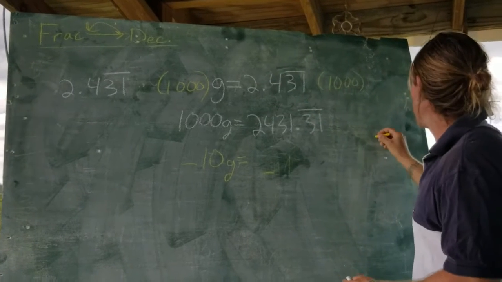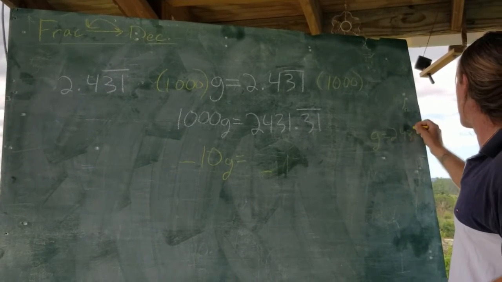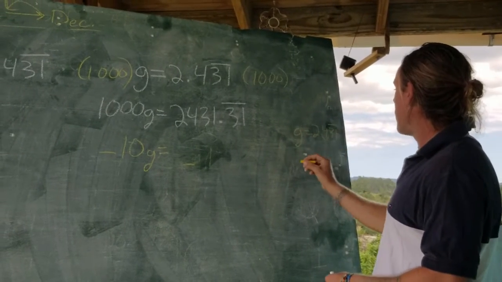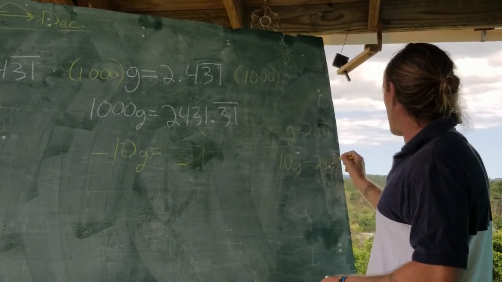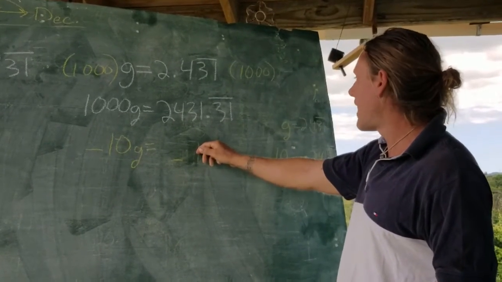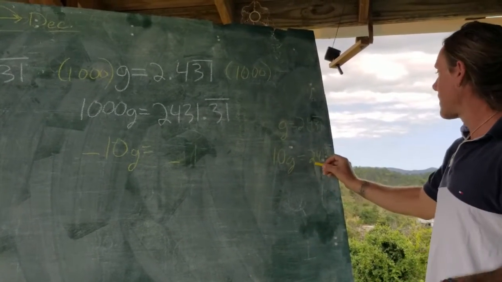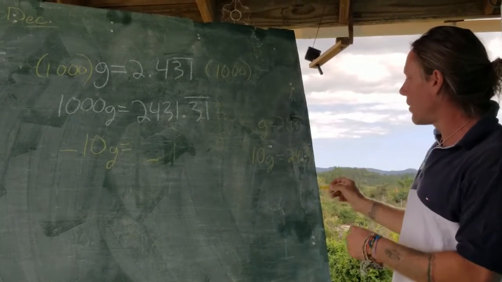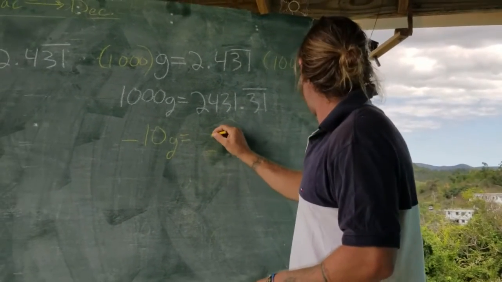If G is 2.431 repeated, and we take 10 times this number, we'll move the decimal over, so 10G will be equal to 24.31 repeated. We're subtracting 10G from this side, but we don't have a G over here, so what's another way we could express 10G? Exactly, 24.31 repeated. 10G is equal to 24.31 repeated. So we can subtract from this side 24.31 repeated.